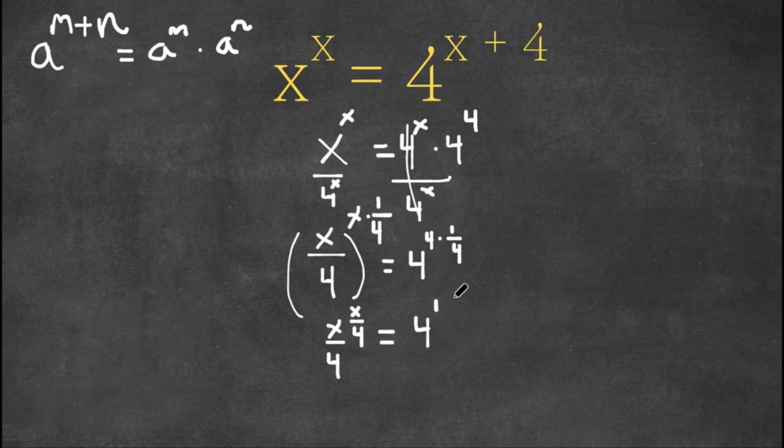Now 4 to the power of 1 can also be written as 2 to the power of 2. So we have x over 4 to the power of x over 4 equals 2 squared.